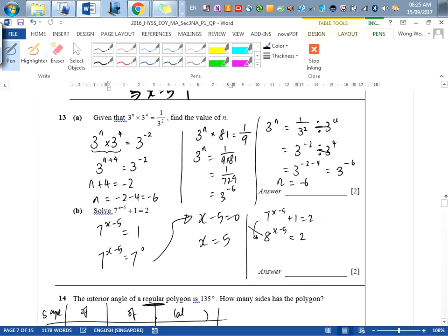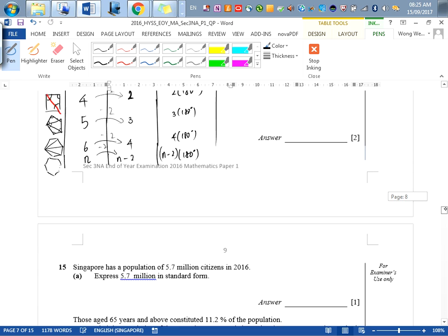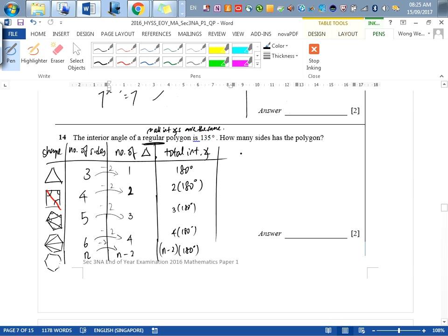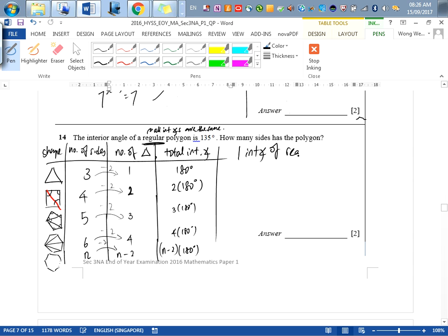So that is why I initially said that one interior angle of a regular n-sided polygon is equal to (n minus 2) times 180 divided by n.